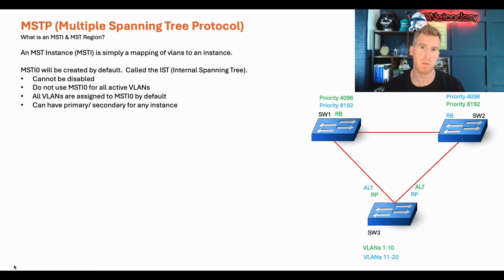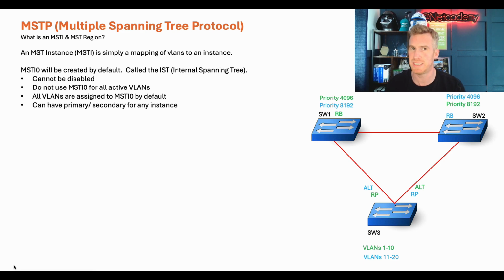So whenever you configure and commit that configuration to have MSTP in your network, by default you are going to have this IST, this IST0 or MSTI0. It's all the same thing, to be honest. Just know that the default MSTI0 is called the IST, the internal spanning tree.